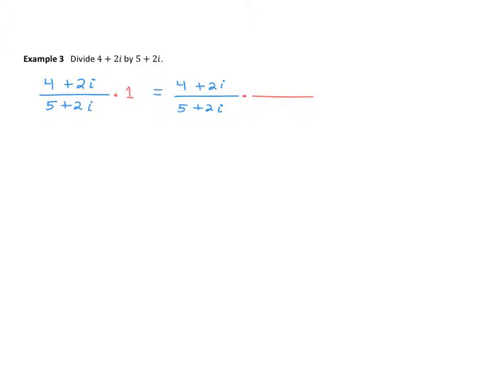And the thing I'm going to multiply by is the complex conjugate of 5 plus 2i. I'm going to place that right here, which means I therefore have to put it in the numerator as well. The reason I'm doing this is because when I multiply the denominators, I know it's going to become a real number. So let's check it out.